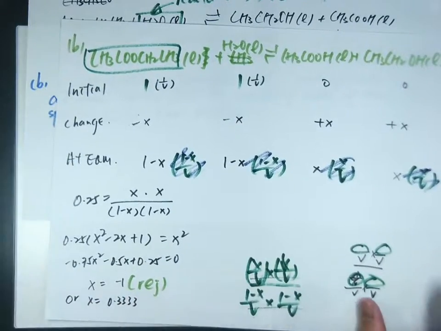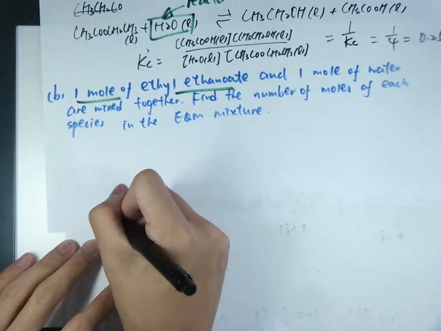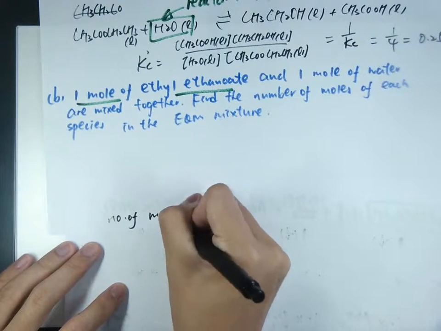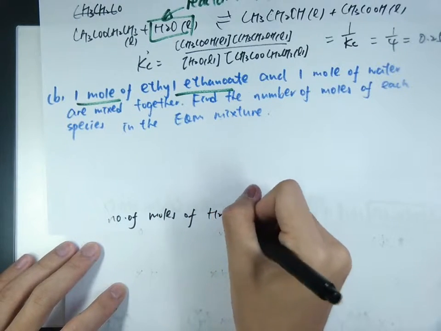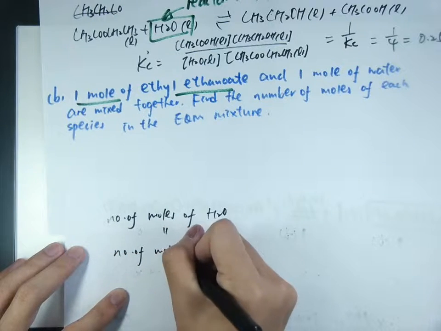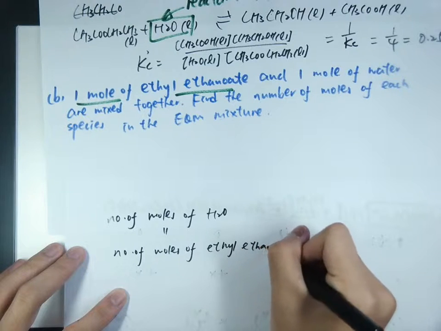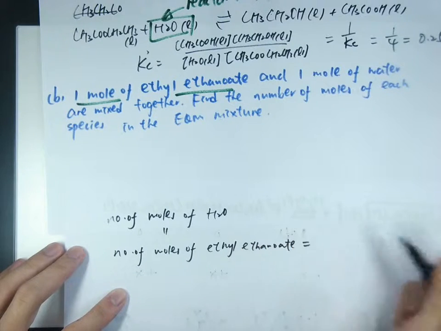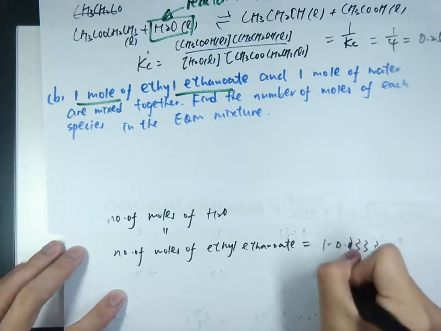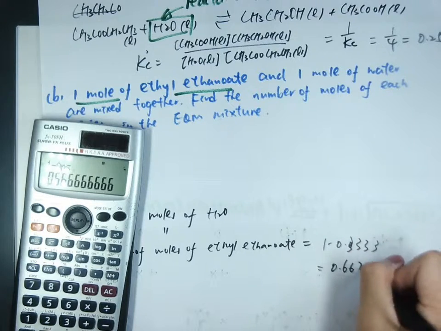So now we can find out the number of moles. Number of moles of H2O equals number of moles of ethyl ethanoate equals 1 minus x.